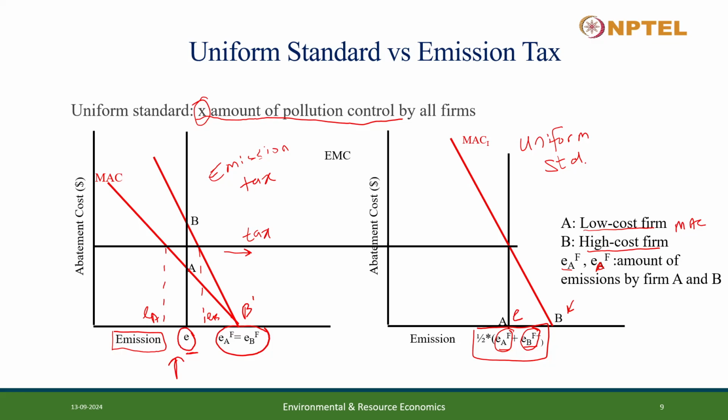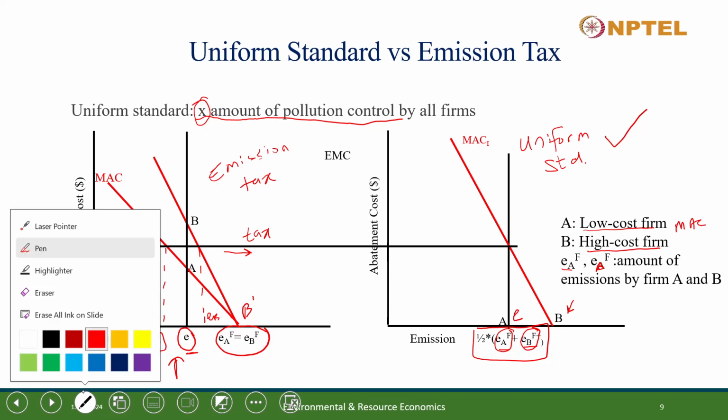So in the case of uniform standard, both the firms have to abate equally. However, in the taxation system, the firm with lower marginal abatement cost curve will abate more compared to the firm with higher marginal cost curve. So how is it done?